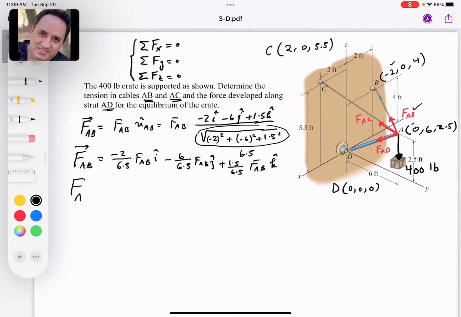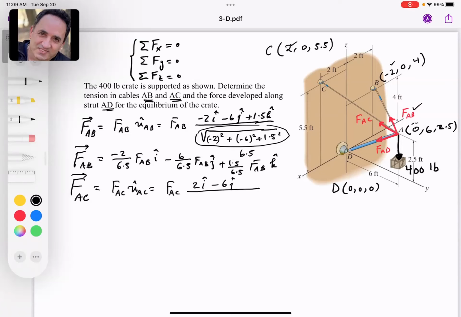So for AC, I'll do the same thing. So magnitude times the unit vector along AC. And similarly, from A to C, A is initial, C is final. So subtract initial from final. So 2 minus 0, that's 2i. 0 minus 6, minus 6j.